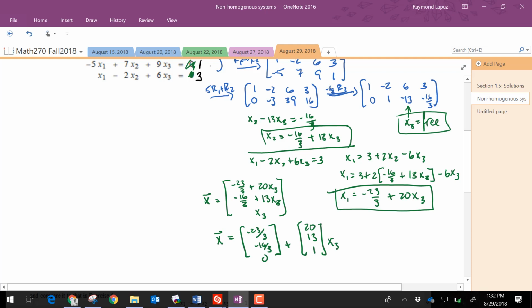So what we have here is a solution. This vector is a solution to the system, and this vector times x3, or times some parameter, is a solution to our homogeneous system.